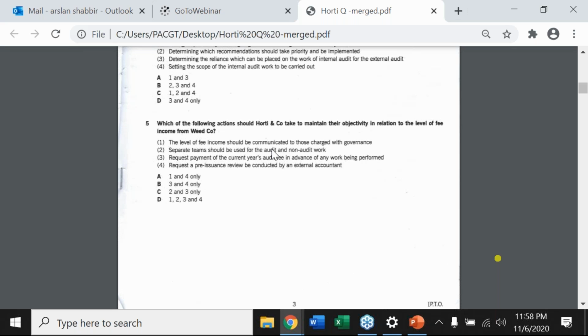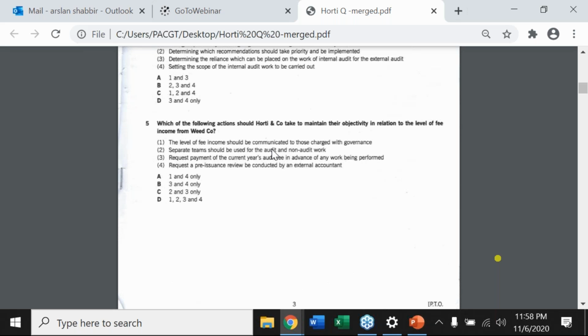Which of the following actions should HOTI and Co take to maintain their objectivity in relation to the level of fee income from WeedCo? So the level of the income was 18.1%. And you know, the audit client is a listed company.